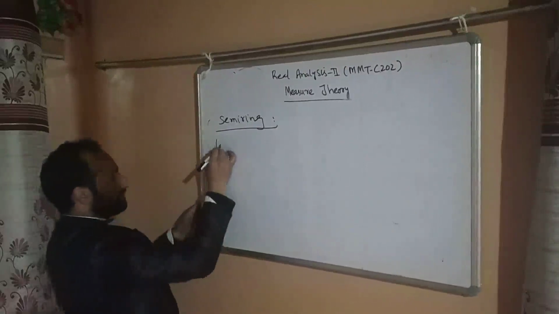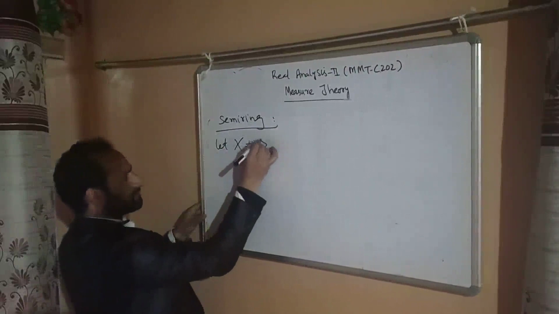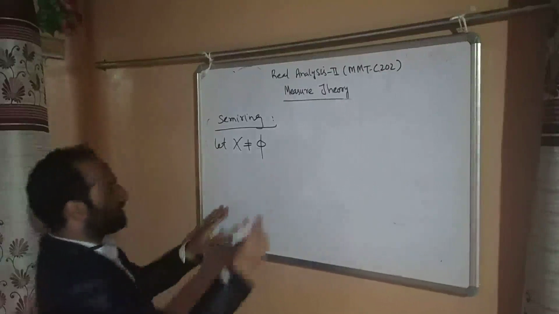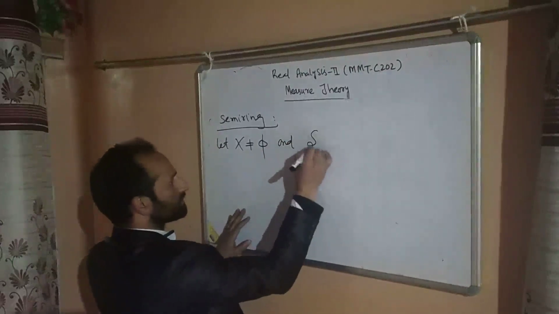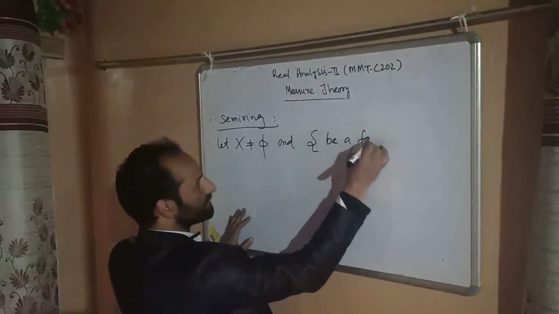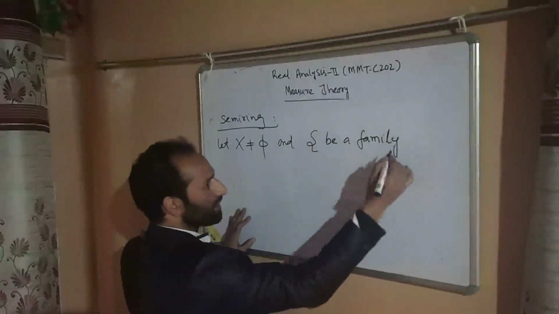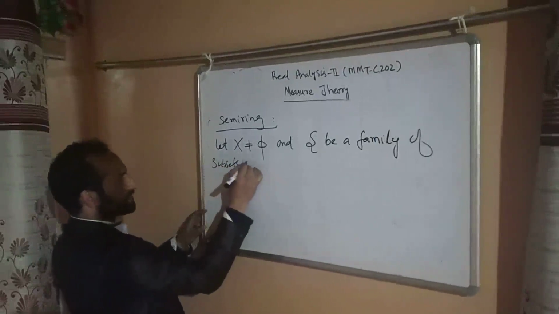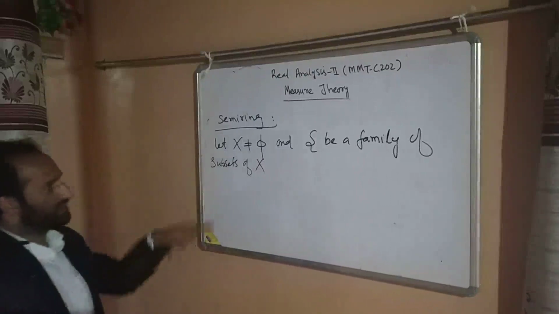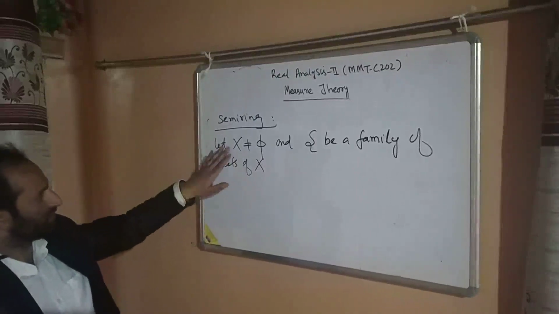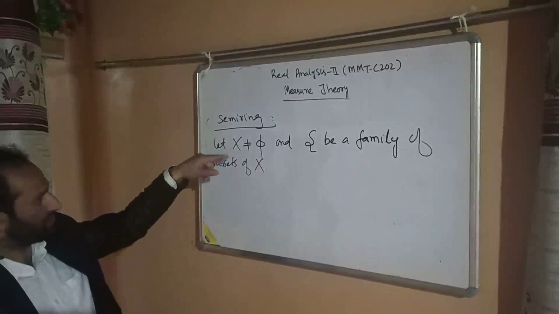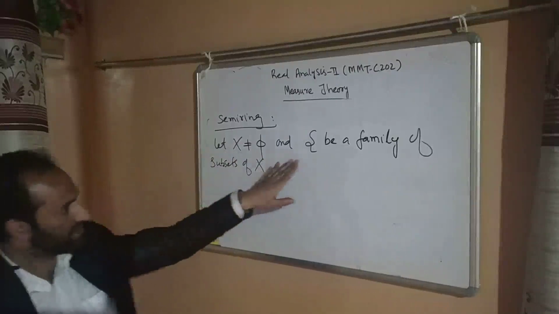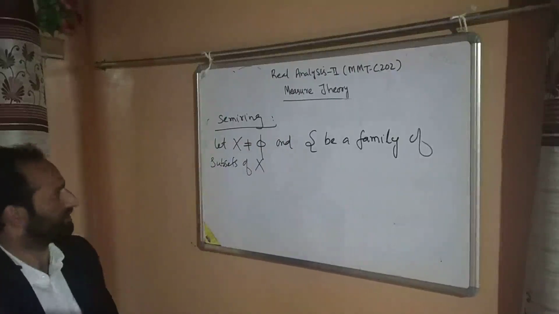Let X be a non-empty set, and let S be a family of subsets of X. In the earlier example, X was the set of real numbers, the real line, and S was the family of semi-closed intervals.